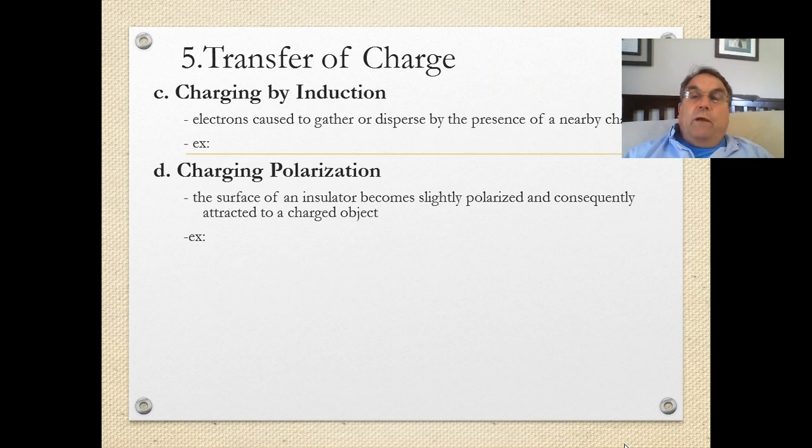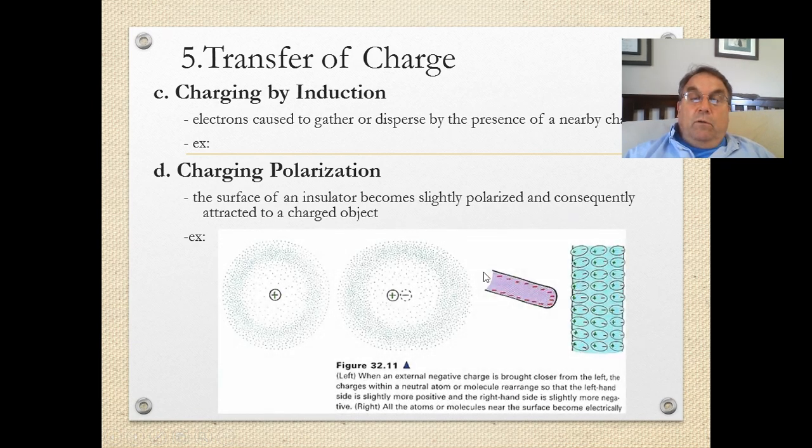Okay, then the third way we're going to look at transfer of charge is charge by polarization. So that's where the surface of an insulator becomes slightly polarized and consequently attracted to a charged object. So this is what was happening when a charge was induced by that negatively charged rod held next to one of the objects we discussed.